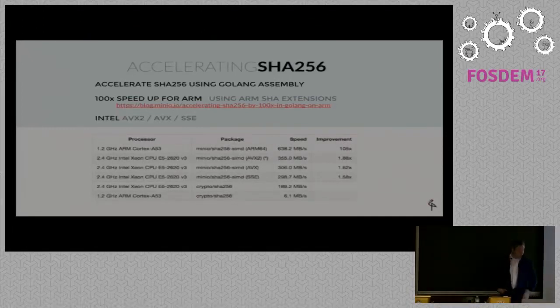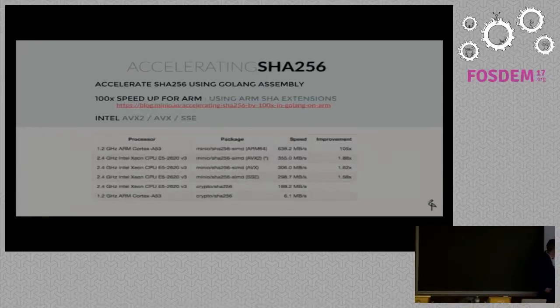But actually, in the table here at the bottom, you can see the speeds that we have. And interestingly, the ARM just running at 1.2 gigahertz is actually the quickest one out there. So it does about 640 megabytes per second, and then we ran some tests on an Intel Xeon at 2.4 gigahertz.